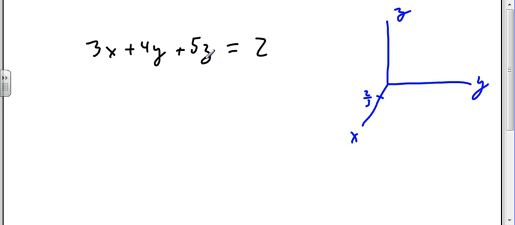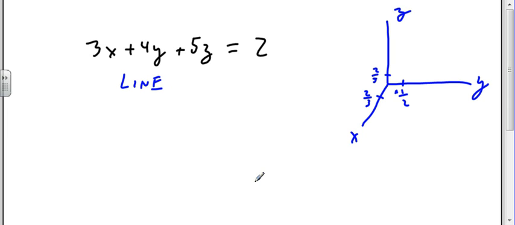When x and z are both 0, then y is going to be a half. When x and y are both 0, then z is going to be 2 over 5. Okay, so that's a point there, over here, and up a little bit. There's a point right there. And then I'd have to find another point. This becomes a line. So this is a line in 3-dimensional space.